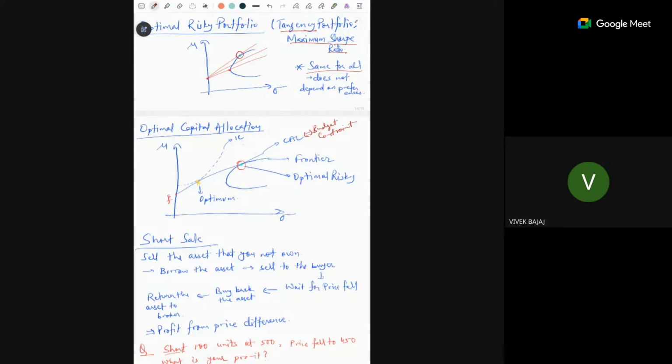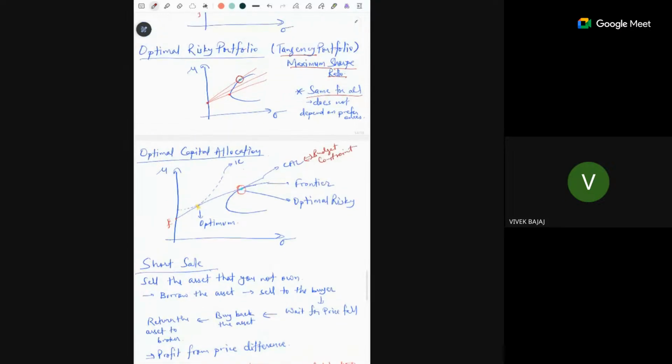So in order to find our optimal investment allocation, there are 3 steps. First, we find this frontier by the Markowitz model. We find the minimum variance set, and from that we find this efficient frontier.